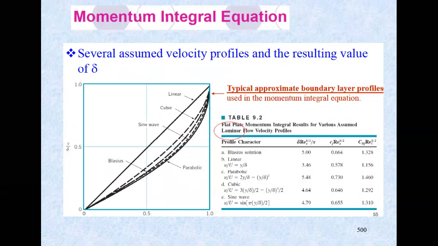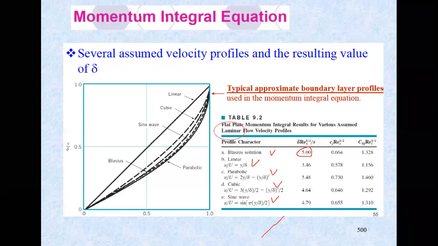So the way you see this, you have a Blasius solution where delta is equal to 5, as we previously obtained. You can also have a linear velocity profile, U over capital U is equal to y over delta. It means as the x increases, the delta will be like this. And you can also have a parabolic one or cubic one or sinus wave one.